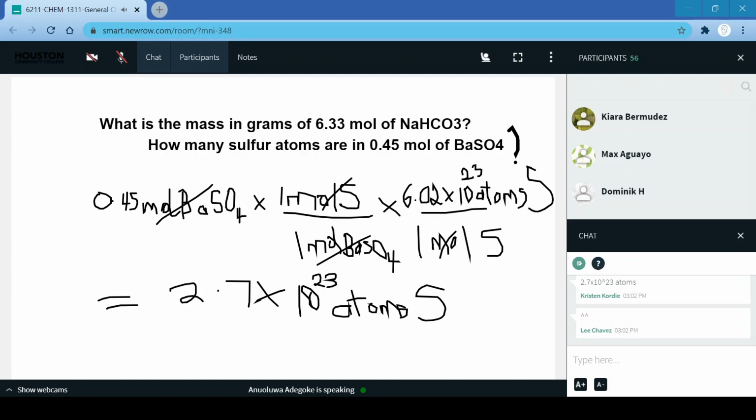So we are basically going from mole to grams, okay?